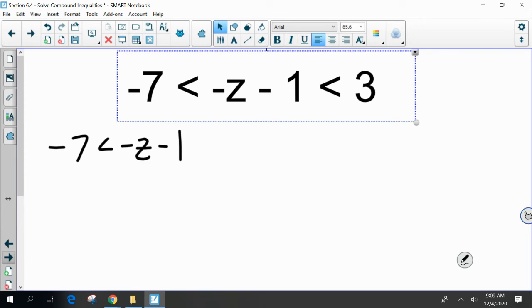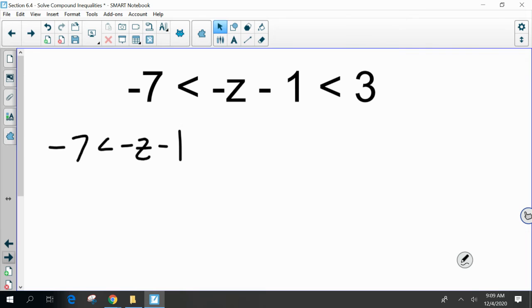And then I'm going to ignore the negative 7, and I'm going to write the right side. Because when there's more than one step, for me, it's easier to split it apart and solve 2 times. You don't have to, but I think it's easier to keep track of when you do.